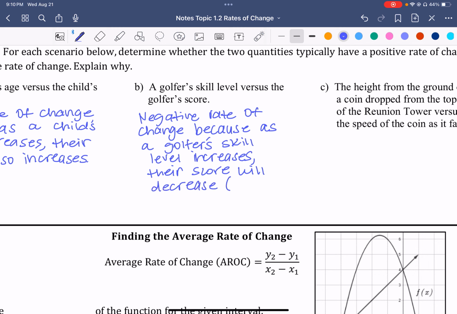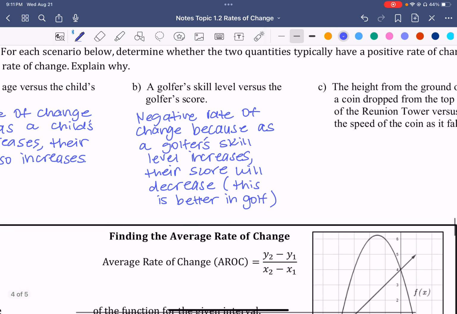And again, I'm just going to put in parentheses, this is better in golf. Okay, so in golf, you do not want a large score. You don't want to be that player hitting the ball and then it's going all around the grass and then it falls in the sand and then it falls in the water and you're taking forever. Your objective is to get it into the hole in as few attempts as possible.